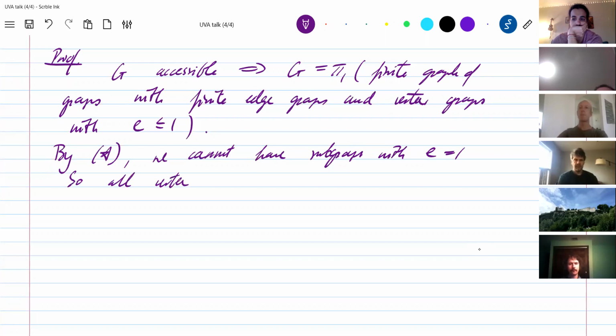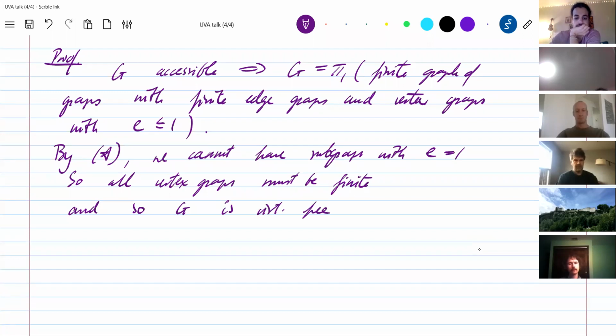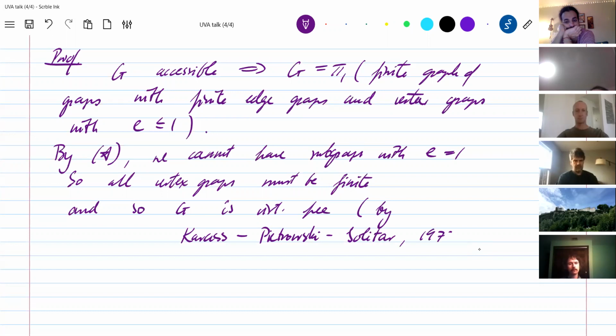And so all vertex groups must be finite. In other words, they must have 0 ends, they must be finite. And this is actually equivalent to the group being virtually free. So G is virtually free by a result of Karrass, Pietrowski, and Solitar from 1973.